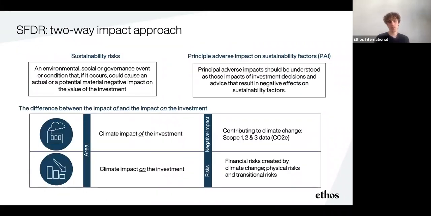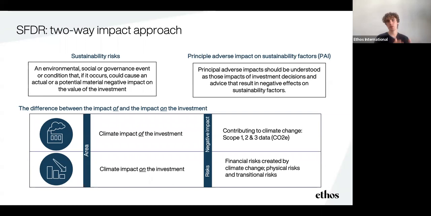The SFDR is basically the double materiality perspective, but applied to financial actors. For those of you familiar with double materiality, it has been a requirement for non-financial entities for a long time.